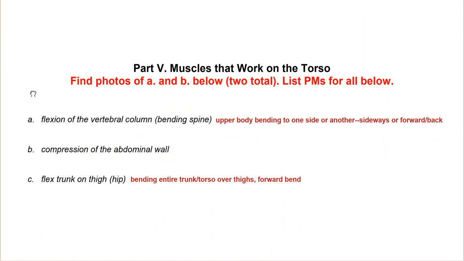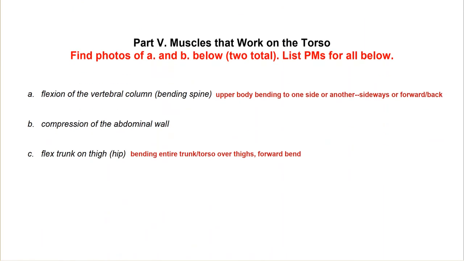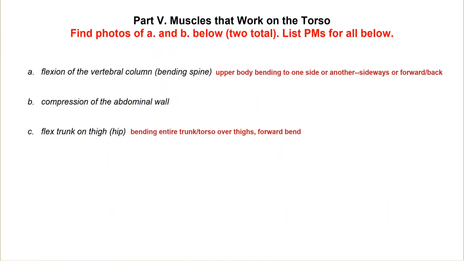Follow the directions. So here on the torso, I just want to make a couple of clarifications. There's two that are kind of similar, and I think a lot of people get confused about this. So, flexion of the vertebral column, this is about bending your spine, bending the actual thoracic vertebrae side to side.